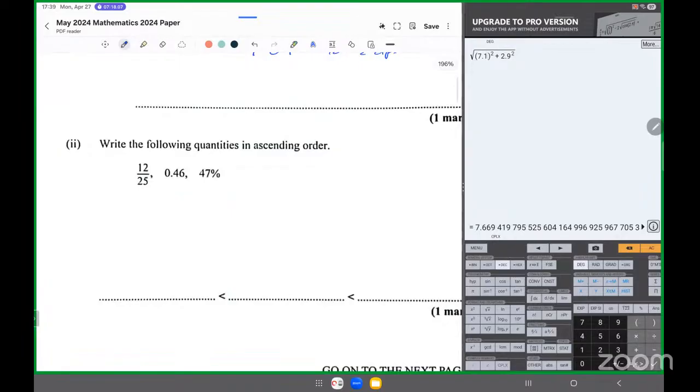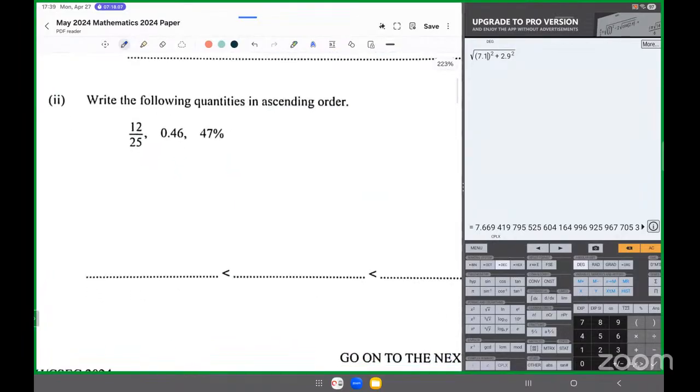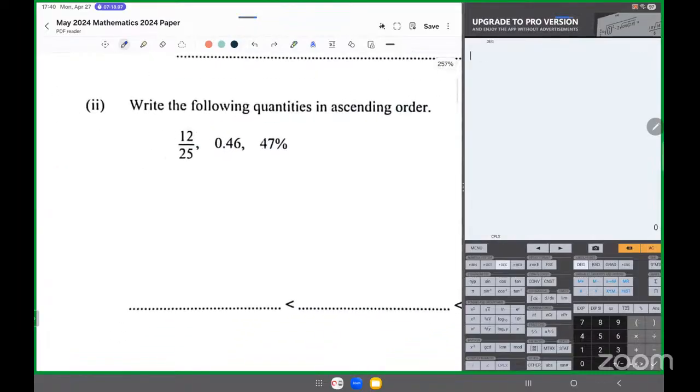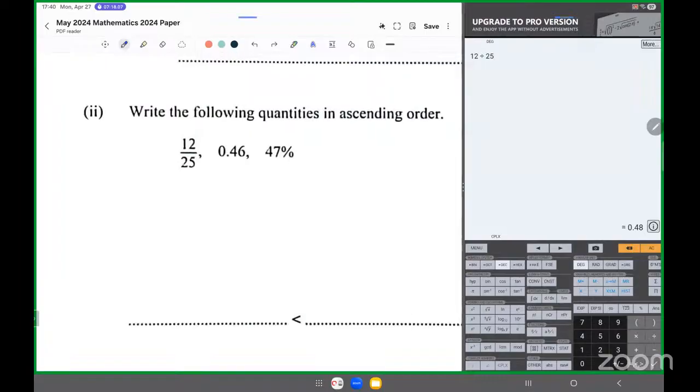This one says, write the following quantities in ascending order. To do this quickly, we can represent everything as a decimal, because it's easier to see what they are. First, 12 over 25 is 0.48.